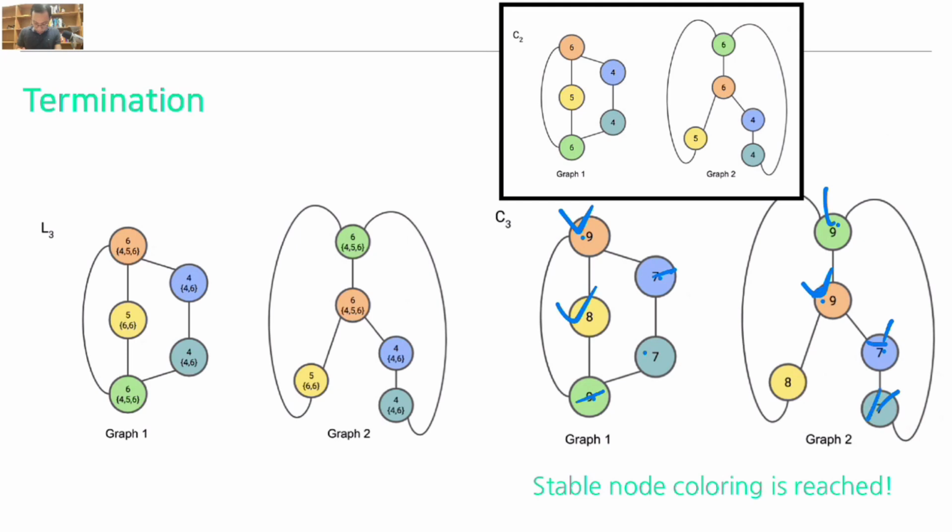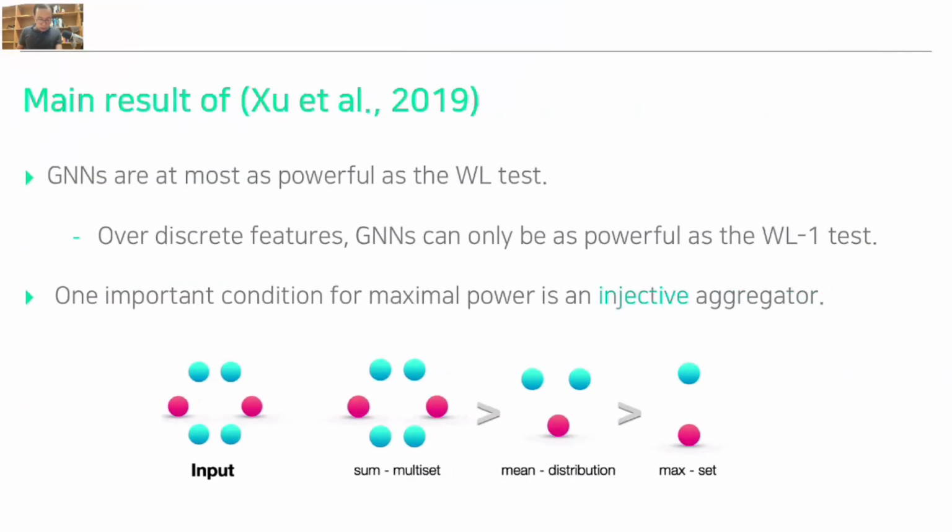So in this case, we can conclude that they are the same graph. So this is an example of the WL1 isomorphism test.